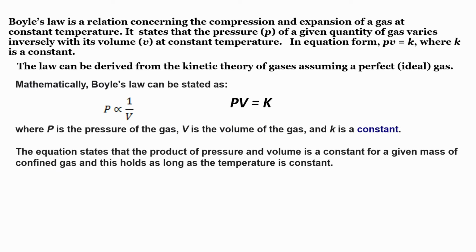The equation states that the product of pressure and volume is a constant for a given mass of confined gas, and this holds as long as the temperature is also constant.